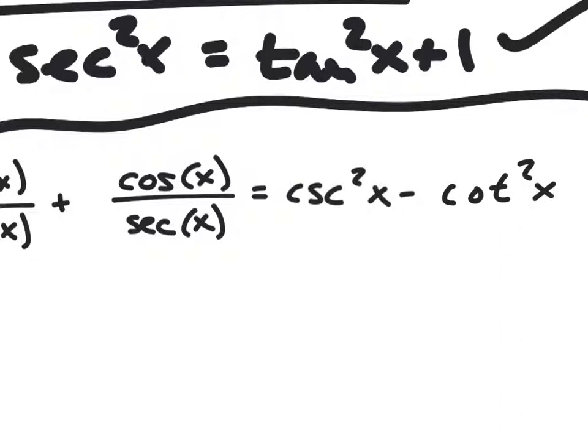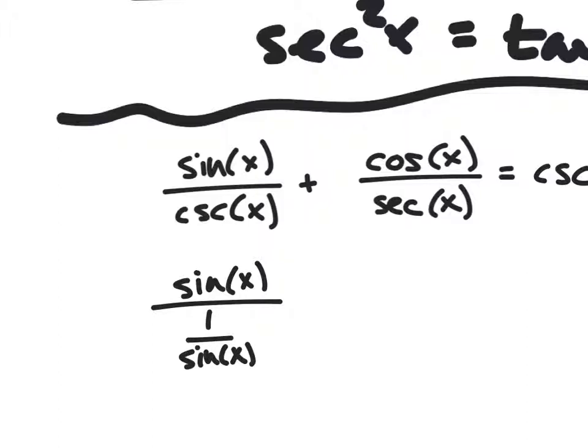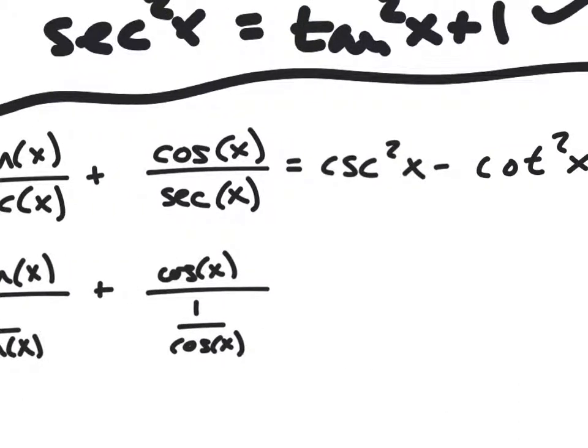So let's do sine of x over 1 over sine of x plus cosine of x over 1 over cosine of x. And then over here, cosecant squared x minus cotangent squared x.